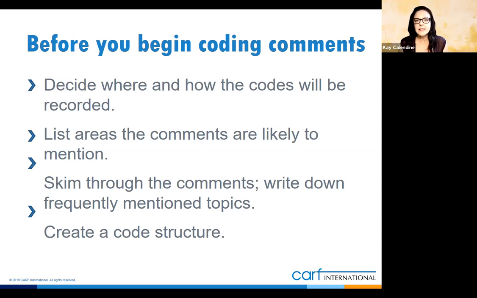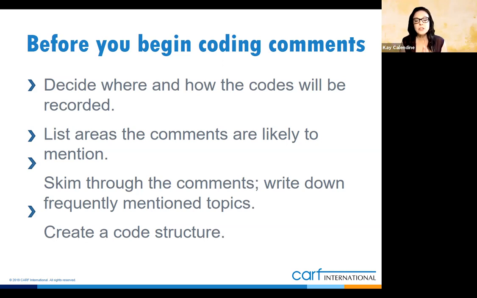The second thing that you need to do is start making a list of code areas. So if you're doing a consumer survey, for example, you know that they're going to say something about the services. They'll probably say something about the staff. They'll say something about how they are now, and of course, depending on what your question items are, you can get a basic idea of what your comment structure is going to look like.